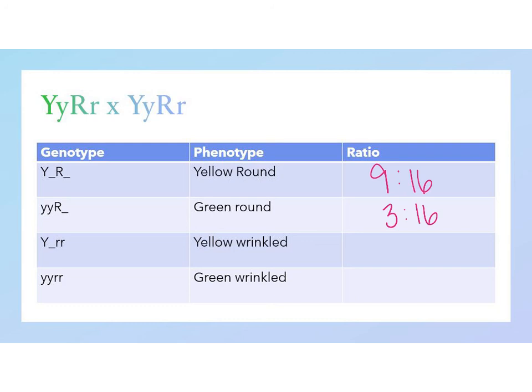When I count those squares, there are 3 of them out of 16. And then finally, I'm going to look for the genotype lowercase y, lowercase y, lowercase r, lowercase r, and there is only 1 box with that genotype, so it's a 1 to 16 ratio. And so we can simplify this as a 9 to 3 to 3 to 1 ratio.